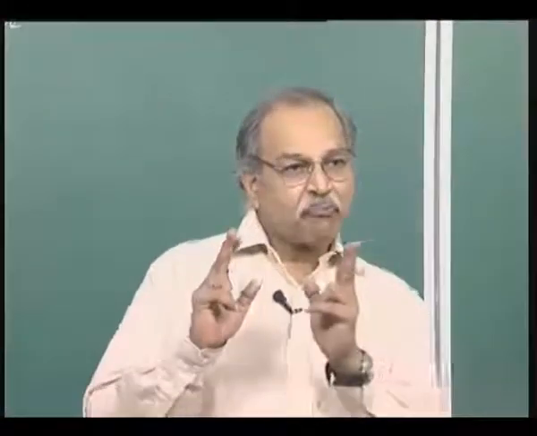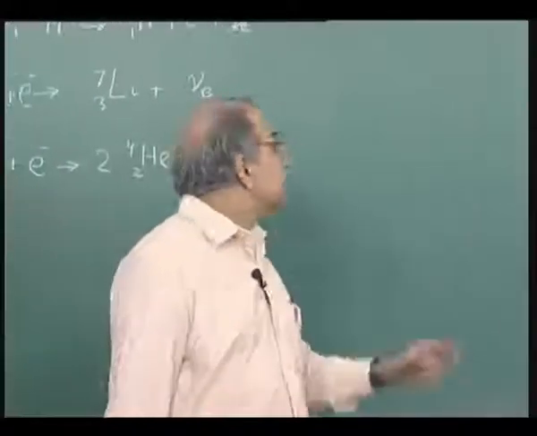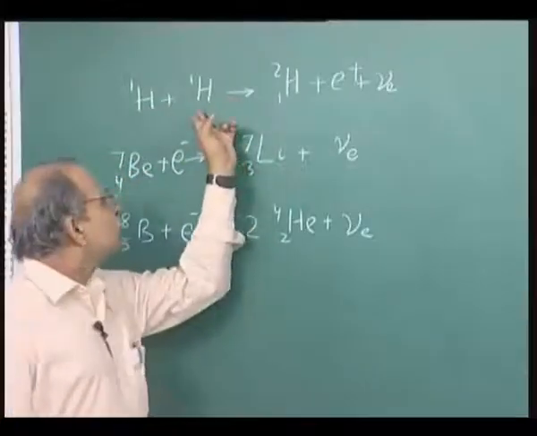So, the energy of the neutrino is also an important parameter, and we see what kind of energy distribution these neutrinos have. If you think of the PP1 chain, this neutrino is produced when these two protons combine to make deuteron.